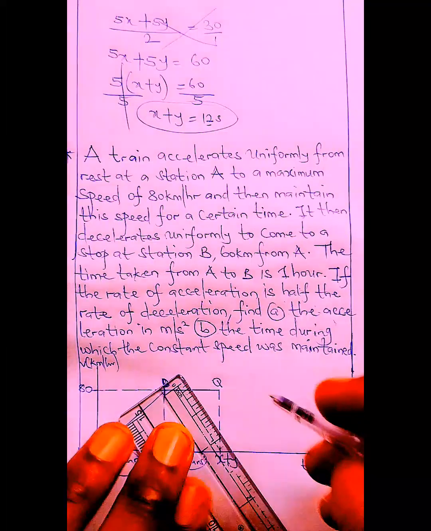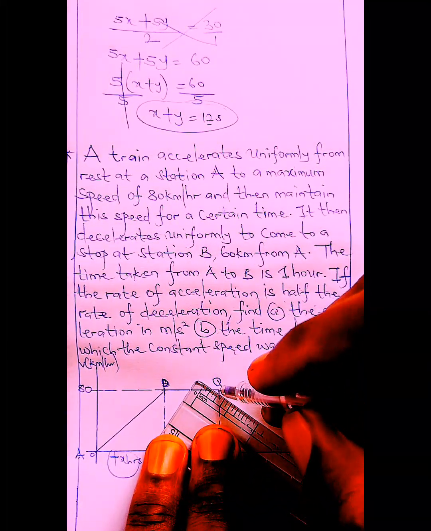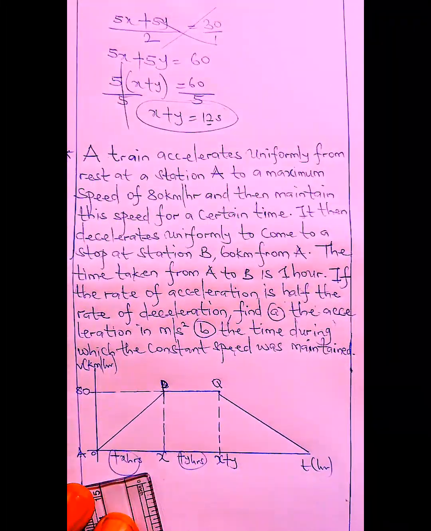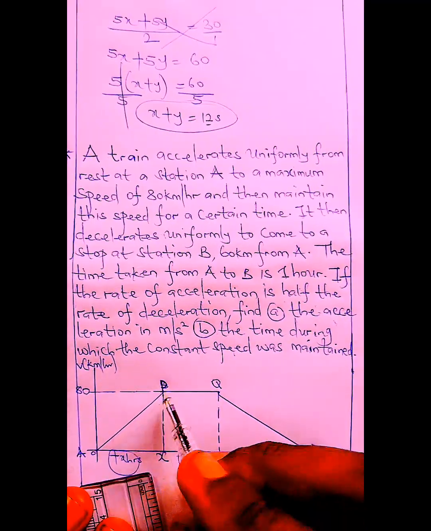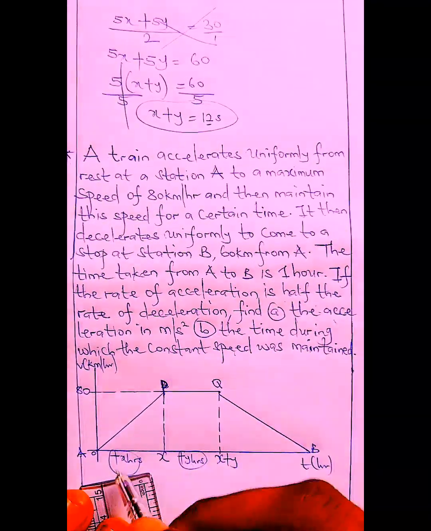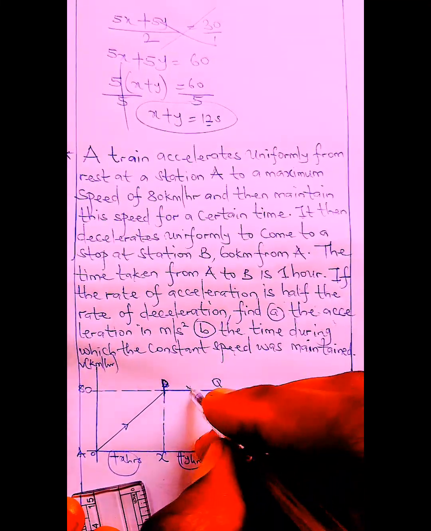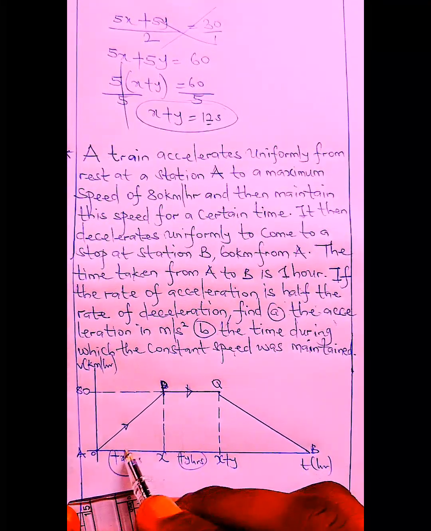Now it came to rest. It decelerates uniformly from this place and comes down to rest at station B. These are train stations. From A to P, the body accelerates. We are not told the acceleration. Accelerating from A to P took X hours.